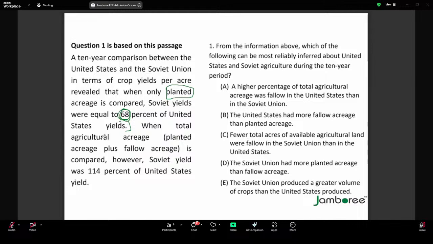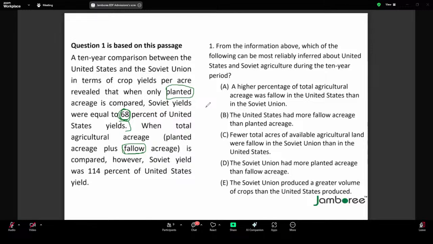But interestingly, when total agricultural acreage, when they include the fallow also, fallow is when you are not growing anything on the land, uncultivated. So this is cultivated, uncultivated. When that is compared, Soviet Union yield is 114% of US yields. Now, quite interestingly, when we are comparing only the planted part, the Soviet Union is no match to the US.